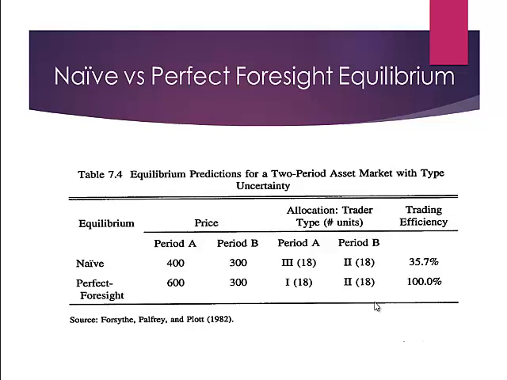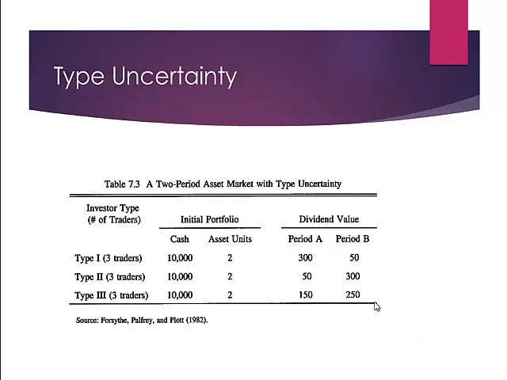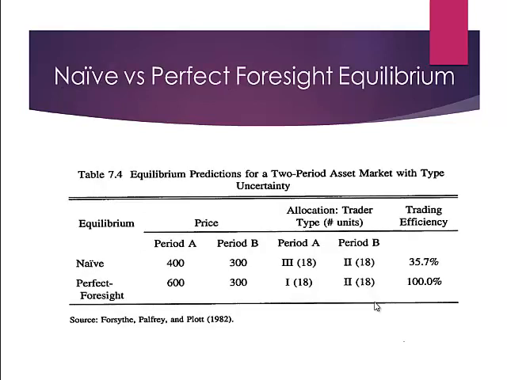One is the naive equilibrium, according to which the period A price is 400. I don't know why he gets 400. I thought it was 300. There must be a mistake. Either the top number here is 400 or the bottom number here is 300.